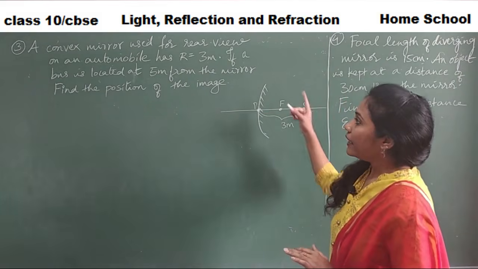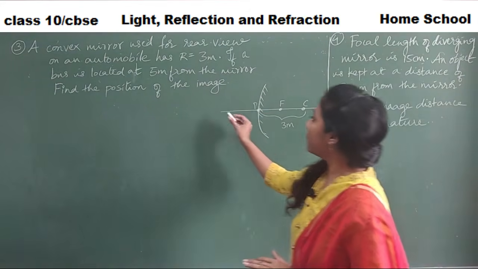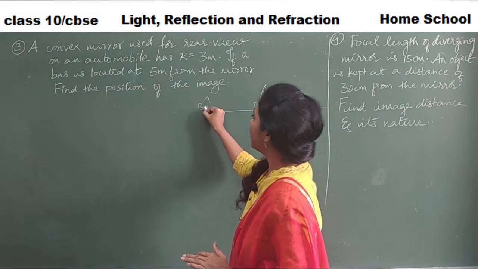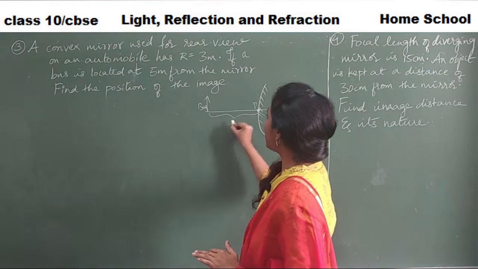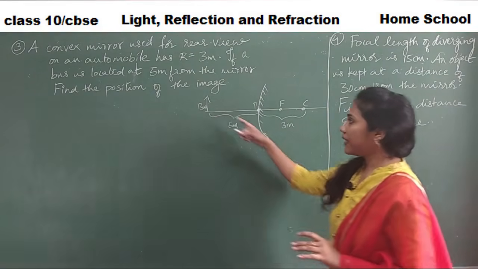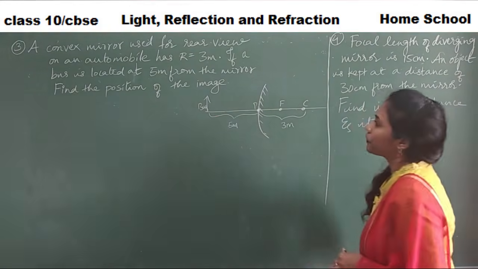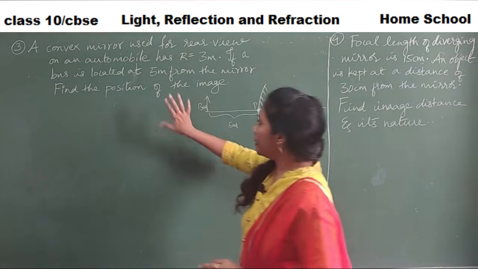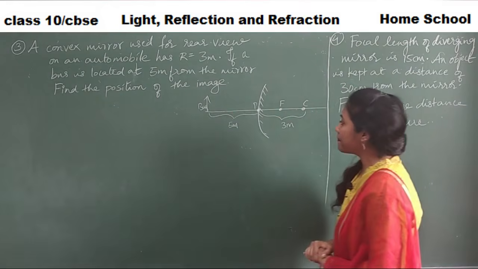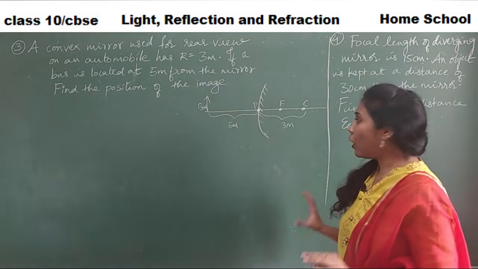Okay, fine. If a bus is located at 5 meters, say the bus is here. There is a bus here. Okay, this distance is 5 meter, the distance between pole and object. The object is the bus here, that is 5 meter from the mirror. Find the position of the image. Where is the image formed, guys?